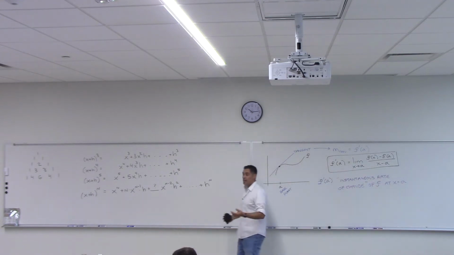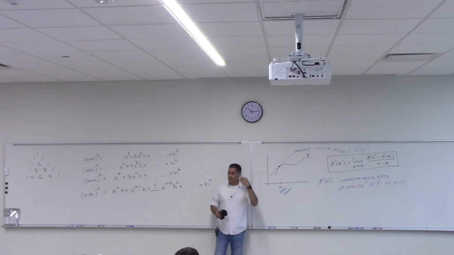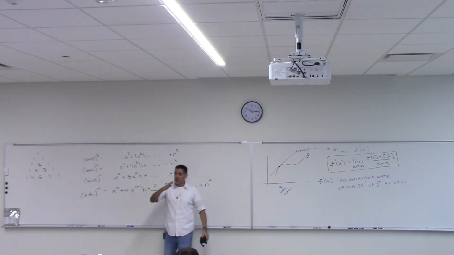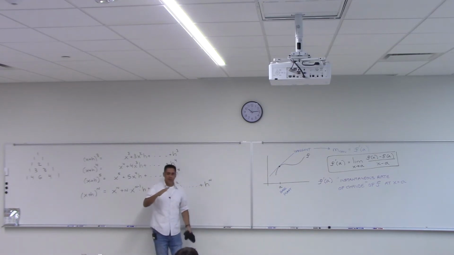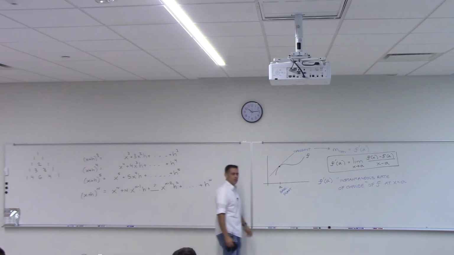We have all these things in this class that mean the same thing. Like the slope of the tangent line is also the instantaneous rate of change, but is also the derivative of the function at A, right? So all these things are synonymous, and we need to be comfortable with the language. Questions?